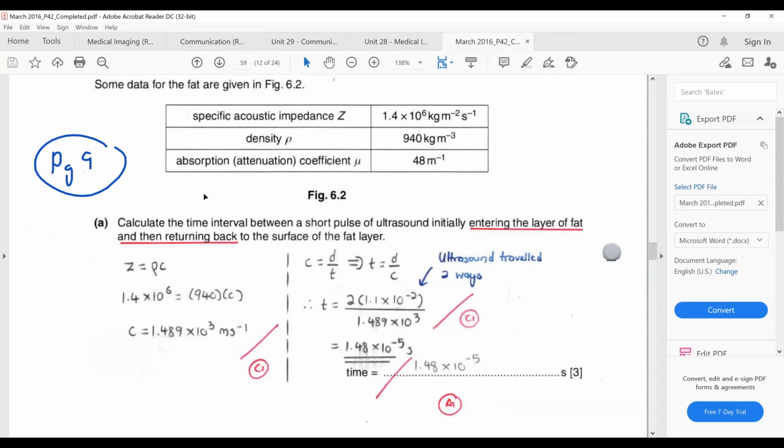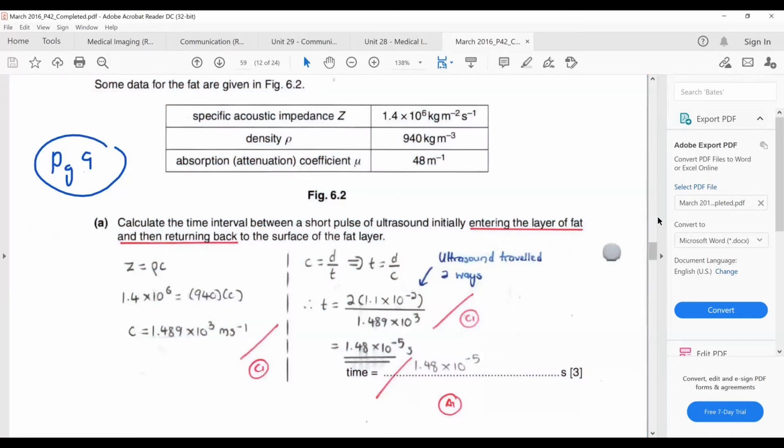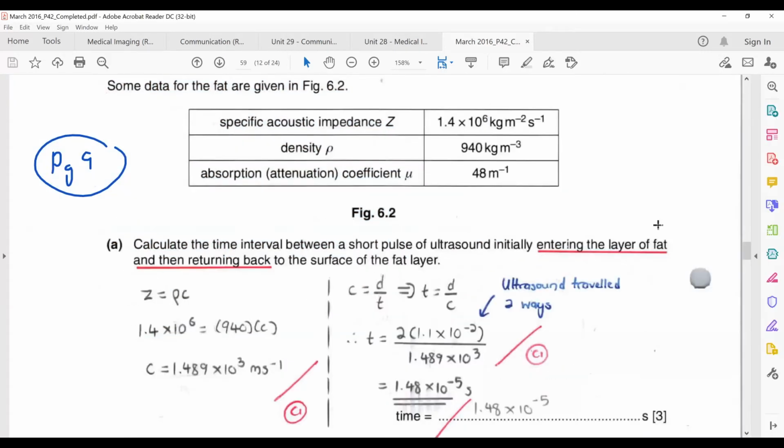Okay. So in your case here, alright, now we are on page 9 of medical imaging. So back to this simple question here. Calculate the time interval between a short pulse of ultrasound initially entering the layer of fat and then returning back to the surface of the fat layer. This is fat.